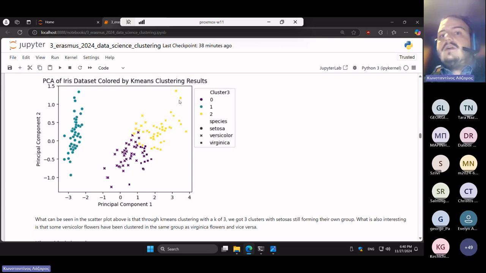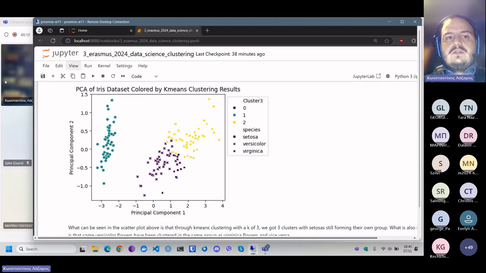So what I'm trying to say here is that this particular differentiation between clusters can in some cases actually help us identify or highlight hidden patterns that the ground truth might not make all that clear or available to us, of course. So with that being said, again, are there any specific particular questions?